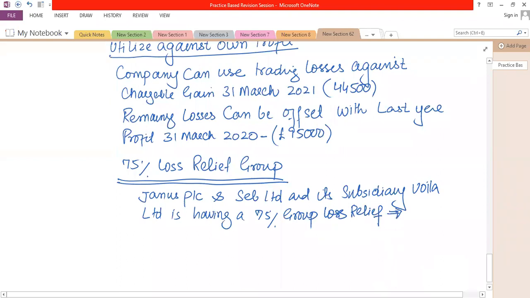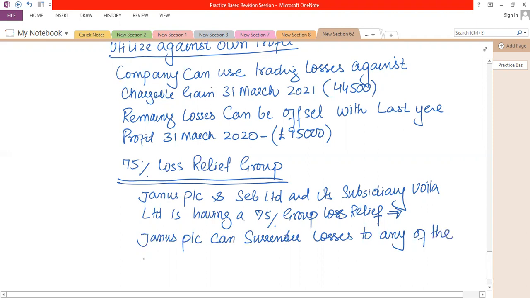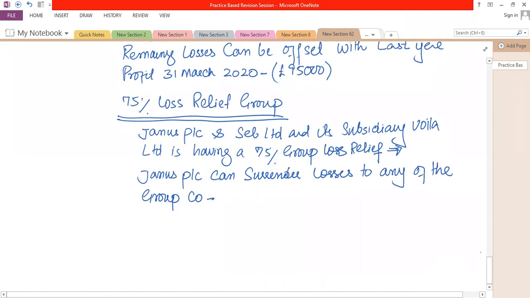So what we can do, Janus PLC can surrender losses to any of the group companies. This is first option, right? Why do we have a 75% group loss relief? You can write because we have effective interest of 75% direct as well as indirect, right?